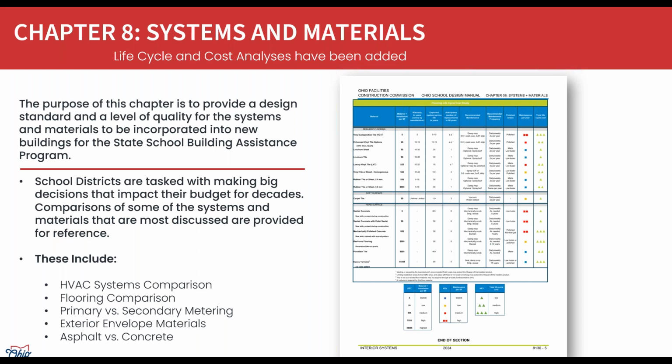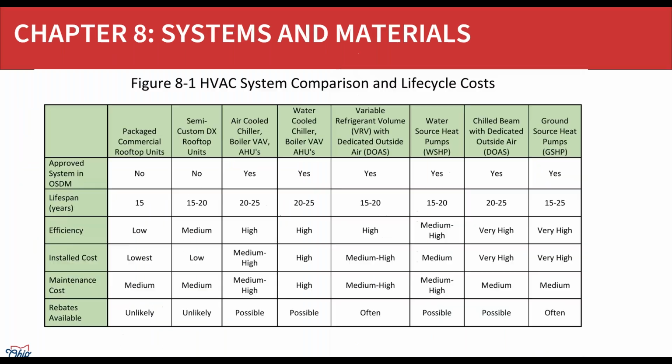There are always pros and cons on doing that, because there's certainly opportunity to save money. But we put these in chart form so that they can look at that. And then we've done that also with exterior envelope, looking at brick versus other materials, as well as asphalt and concrete. And I believe the next slide is a blow up, perhaps.